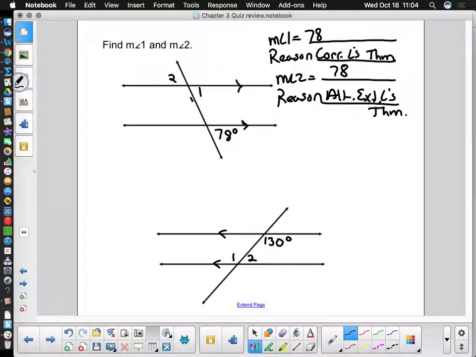How about down here? Measure of angle 1 equals 130. Reason? Careful. No, it'd be alt interior angles theorem.